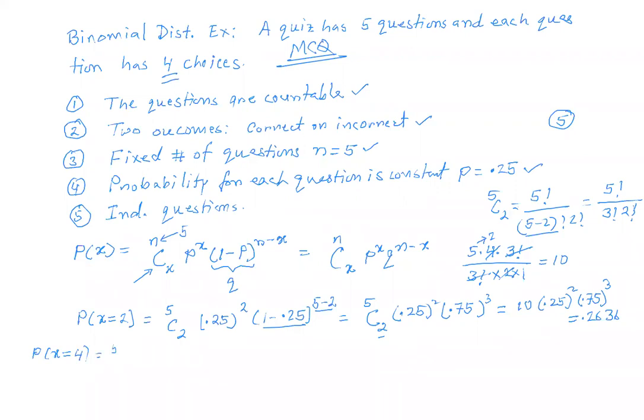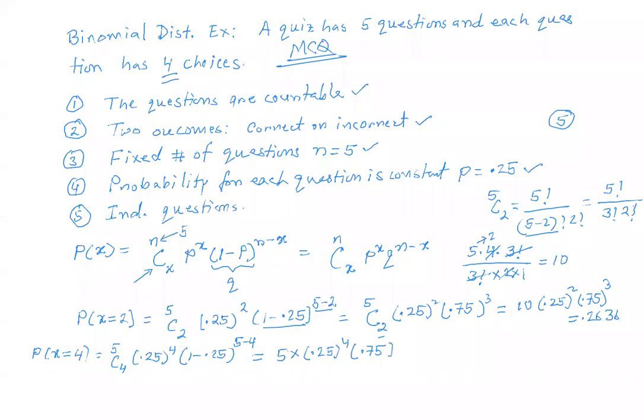So it's going to be 5C4 times 0.25 to the power 4 times 1 minus 0.25 to the power 5 minus 4. 5C4, you can check, is 5. So 5 times 0.25 to the power 4 times 0.75 to the power 1, which is just 0.75.